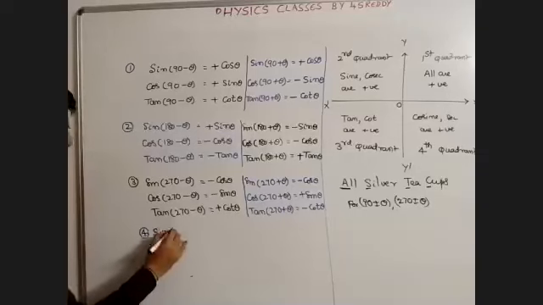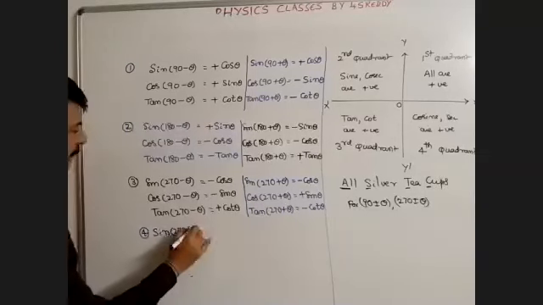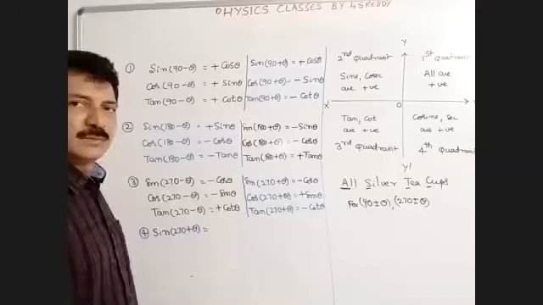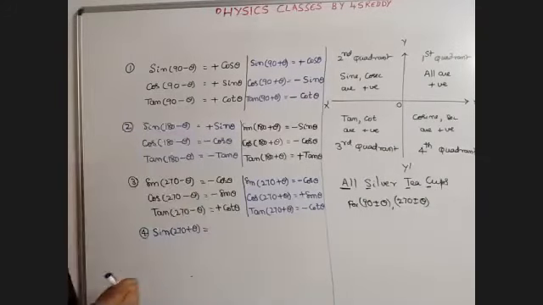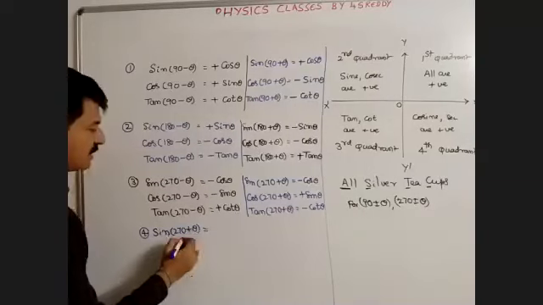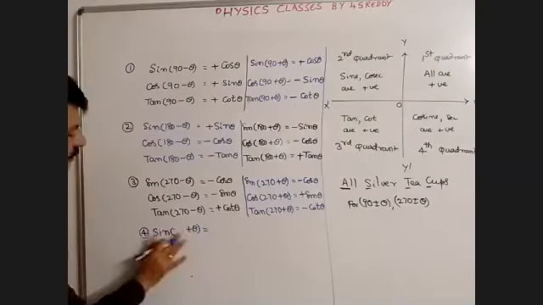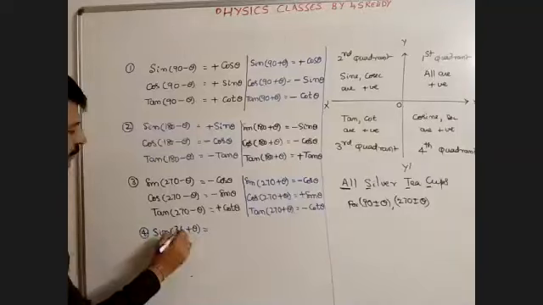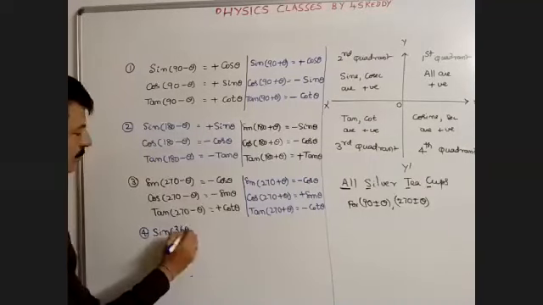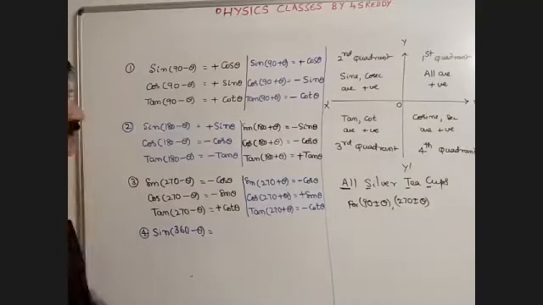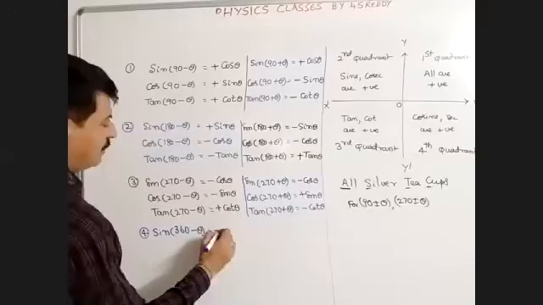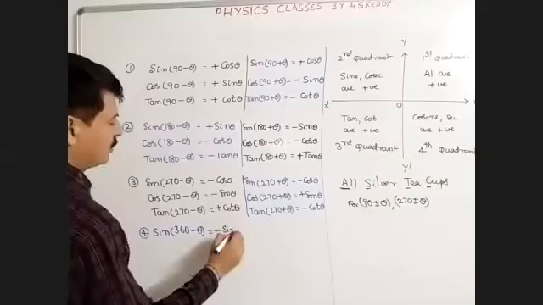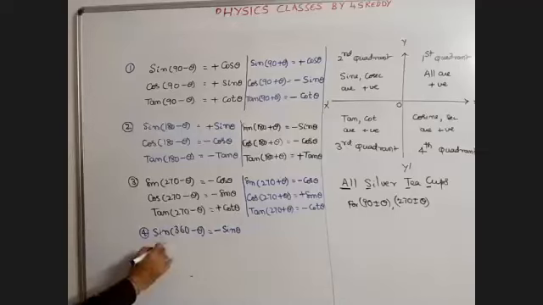Sine(360 minus theta). 360 minus theta is again in the fourth quadrant. In the fourth quadrant, only cos is positive, so minus sine theta.